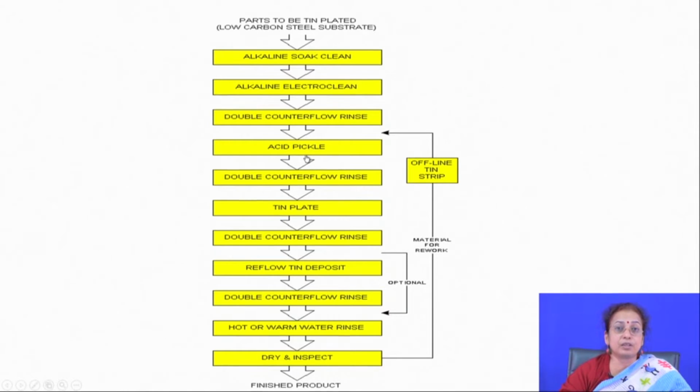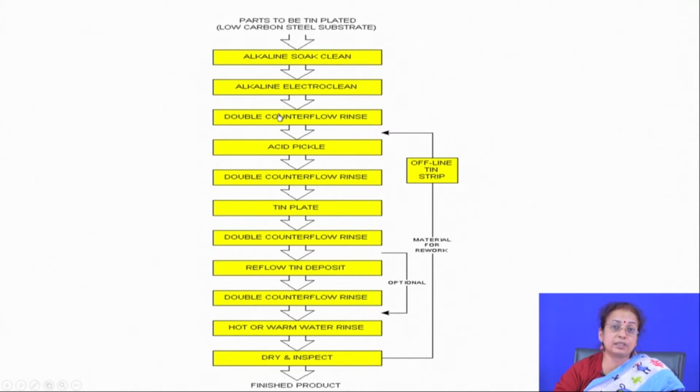Then if there is a lot of surface oxide layer, you can go for acid pickling, and then you go for the plating operation. Then again you go on rinsing, and then you go for hot or warm water rinsing.